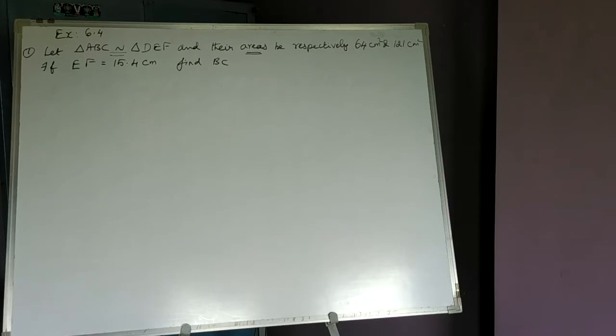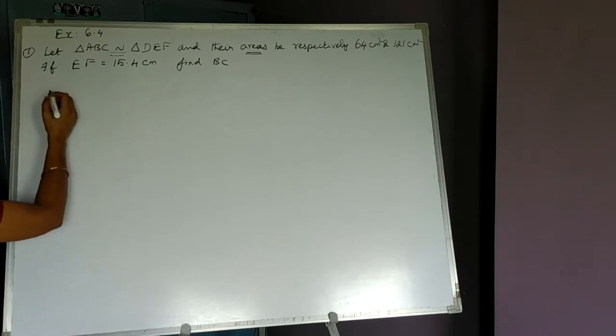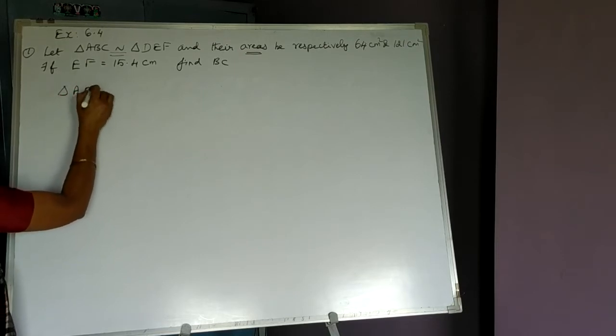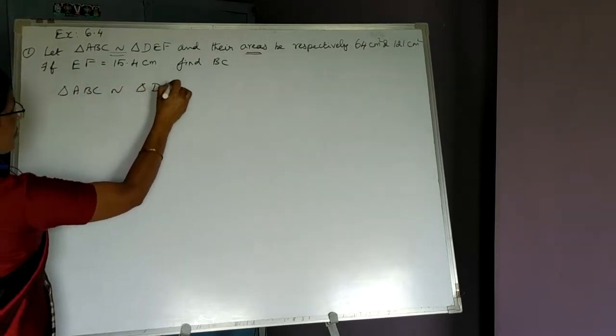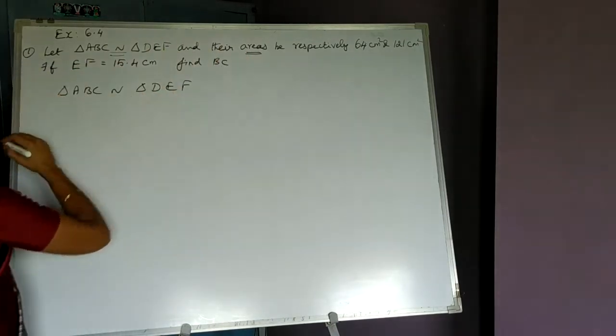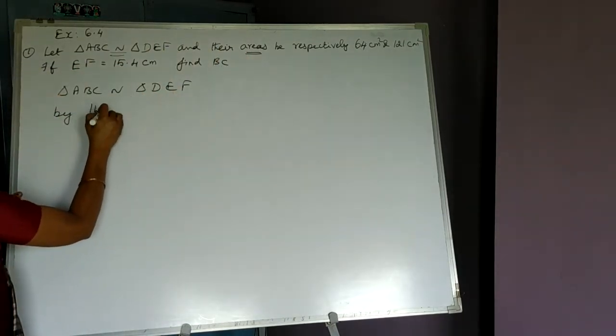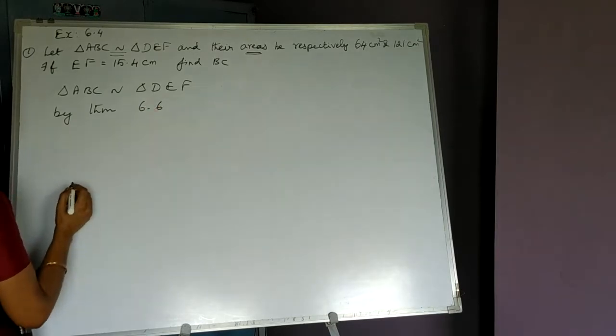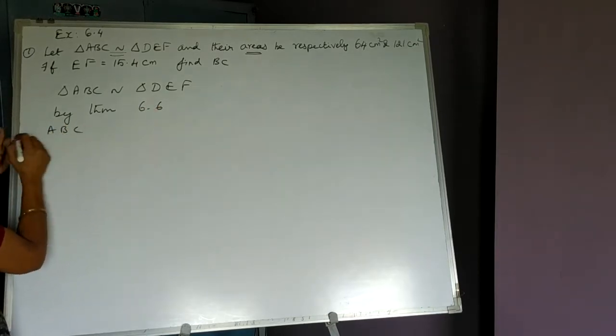So we are going to use the previous theorem, theorem 6.6. Triangle ABC is similar to triangle DEF and the term areas is mentioned. Therefore, we are going to use theorem 6.6. What is theorem 6.6?